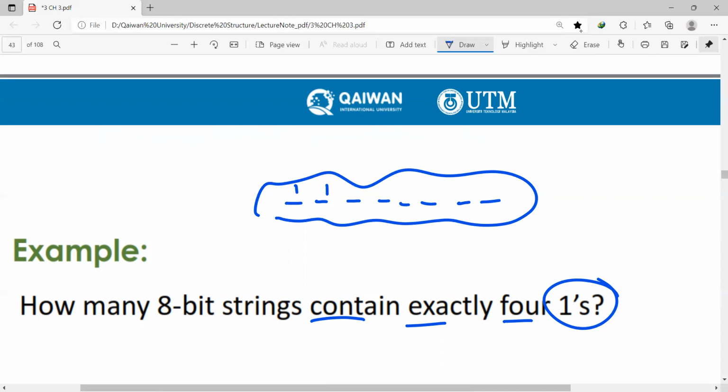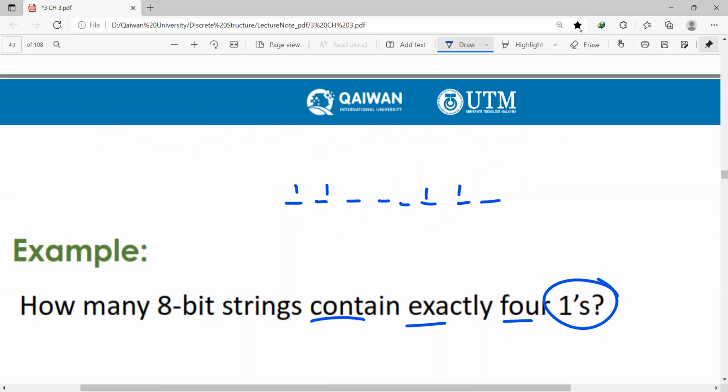We may also have these 2 and these 2, or these 3 and that one. That means in how many ways we can write down 4 ones in 8 spaces without ordering. If ordering is not important.